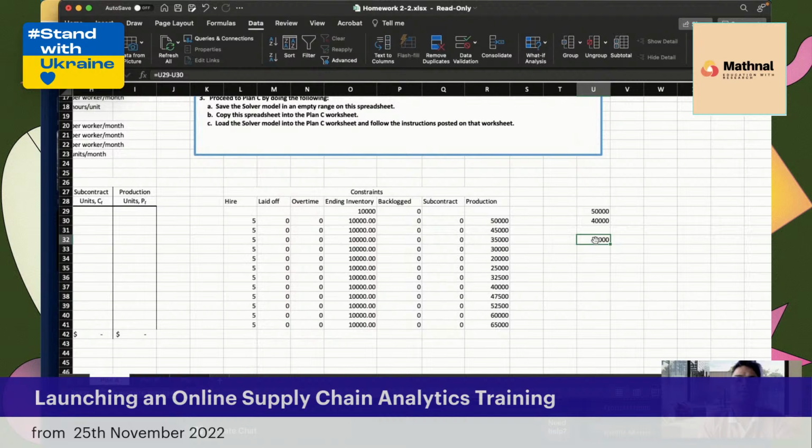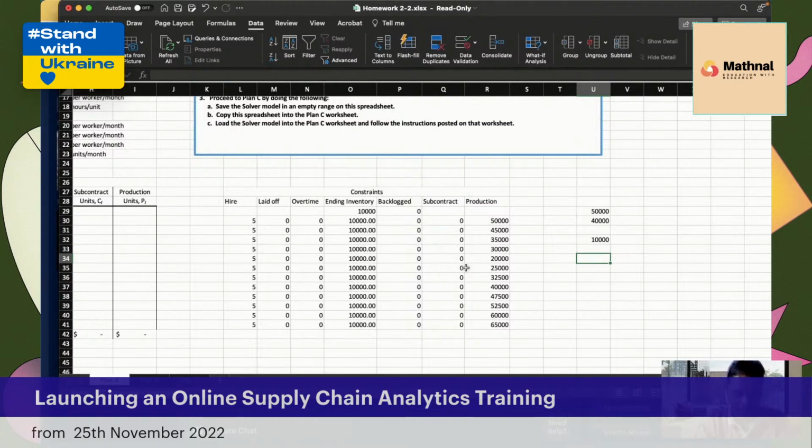This is beyond my production capacity. If my forecast is more than production capacity, then I have to give it to subcontracting, or the second solution is that I have to give it for overtime. There are two options: either subcontracting, or I have to increase my overtime hours.